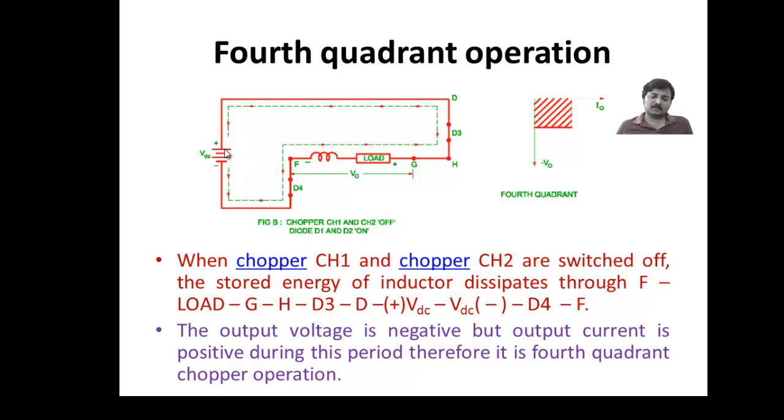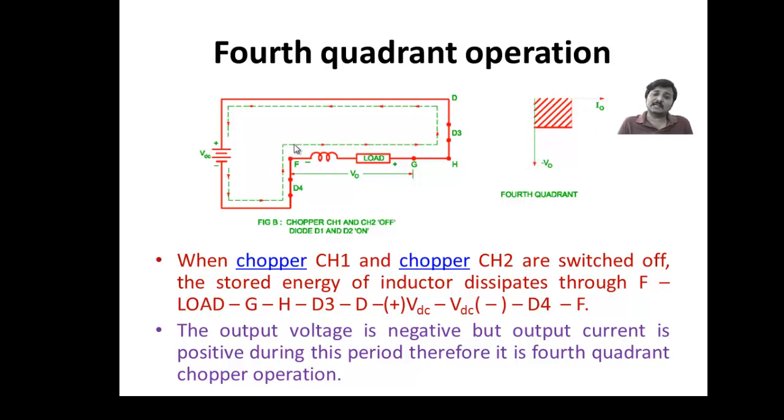The conducting path of the circuit starts with the minus part of the source, load, D4, load, D3 and the positive part of the source. Here the voltage applied across the load is negative, because this terminal is positive and this terminal is negative. So the output voltage V0 is negative, but the current direction is positive. The current is positive but the voltage is negative. It is a fourth quadrant operation.